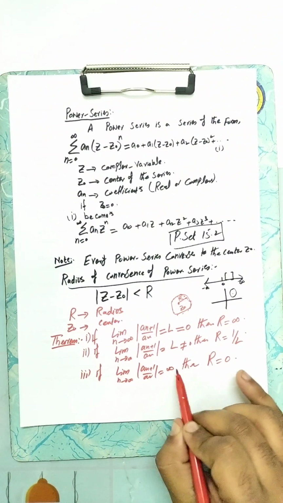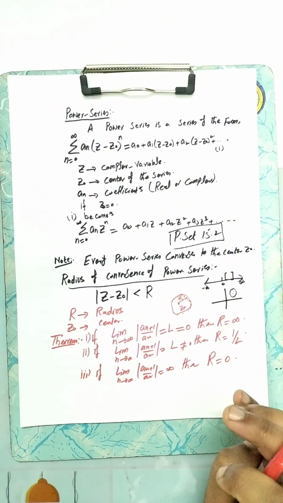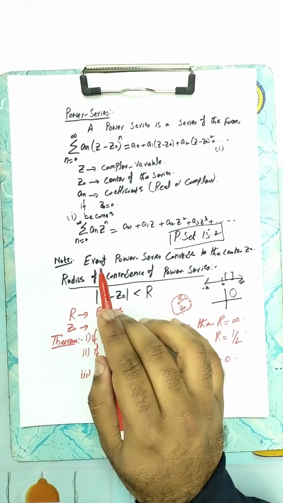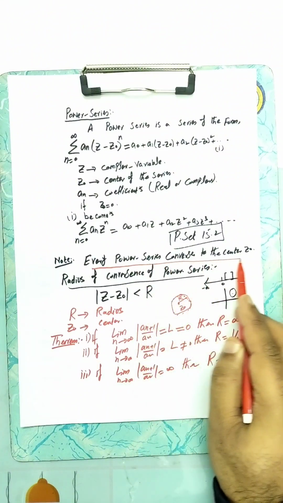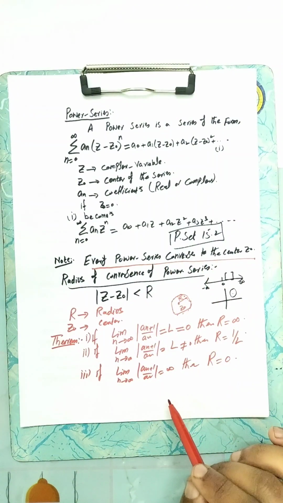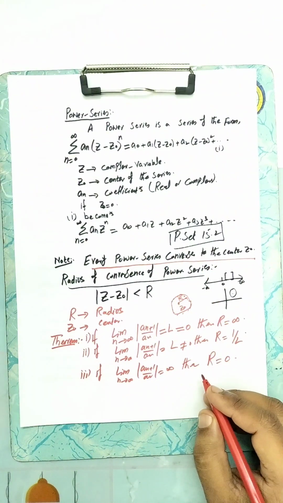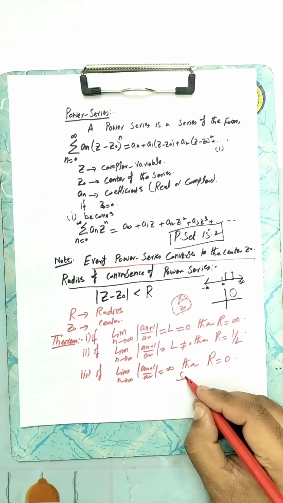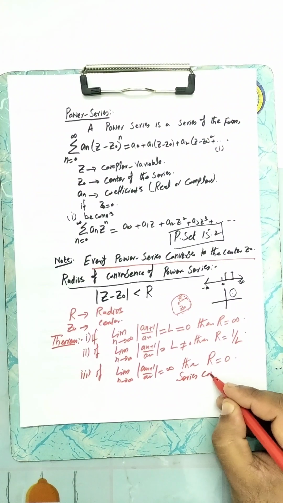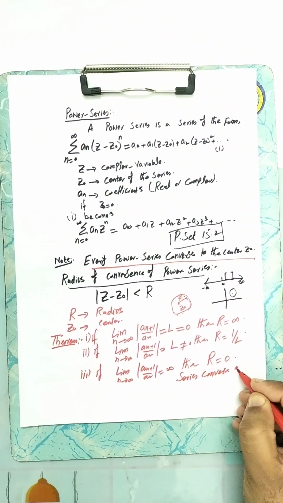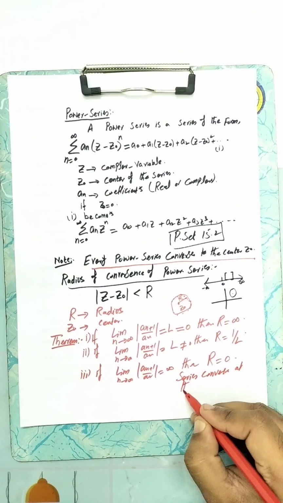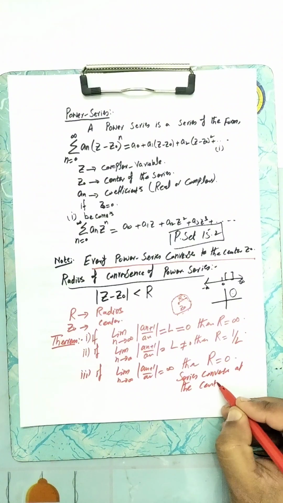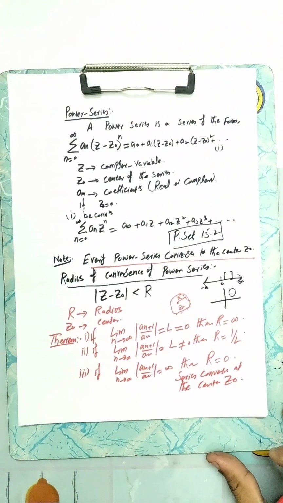In this case we have only one point, and from the note every power series converges at the center z naught, so in this case the series converges only at the center z naught.